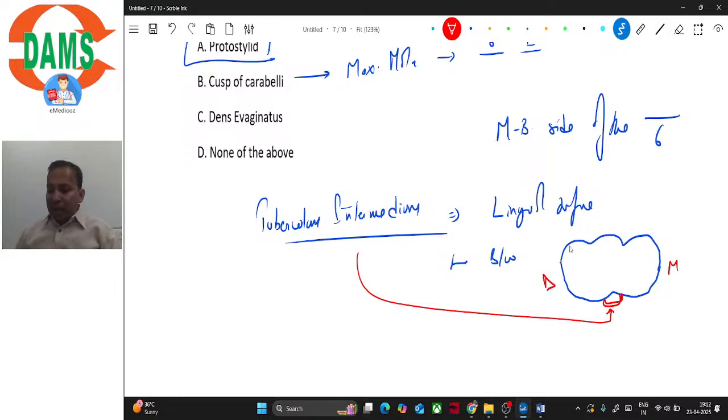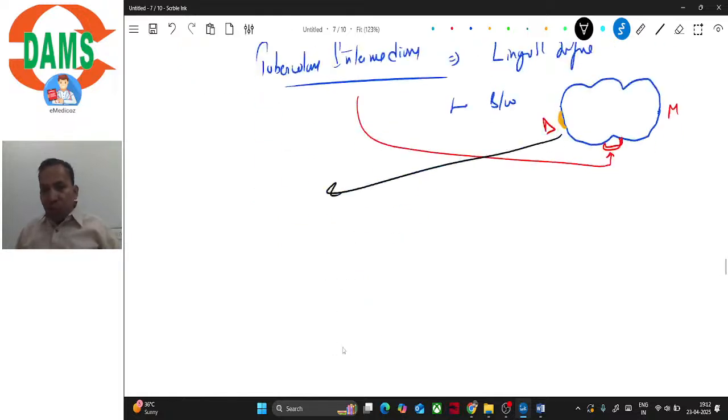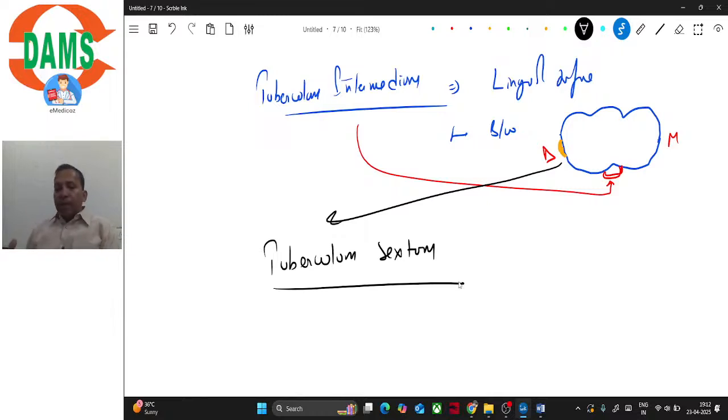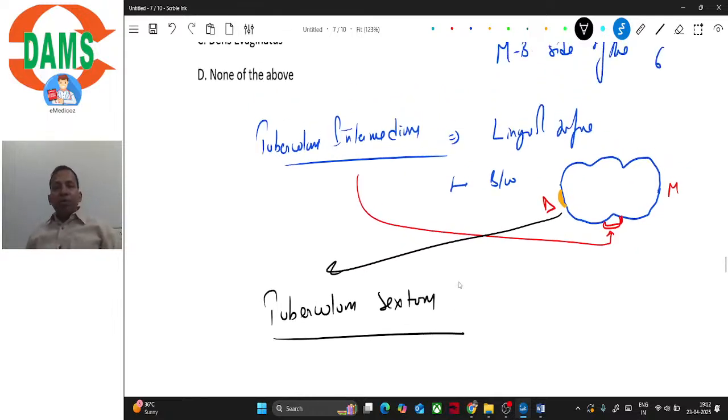If at all an accessory cusp is present on the distal marginal ridge, then what will it be called? When present on the distal marginal ridge, it will be called tuberculum sextum, right? So based on what you have in the options, you can mark that.